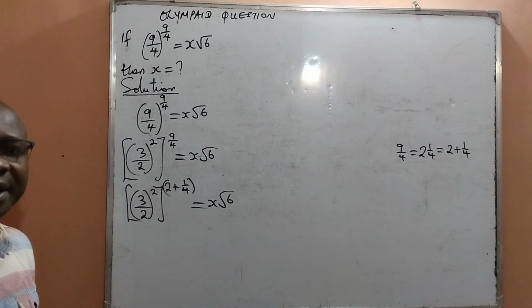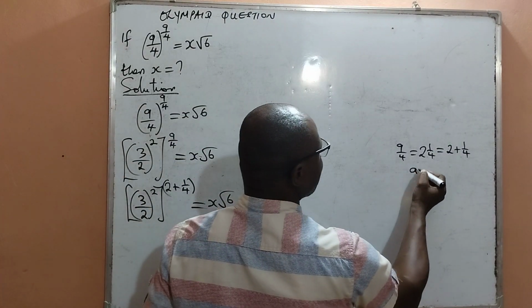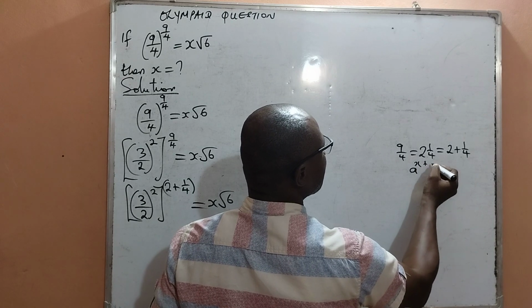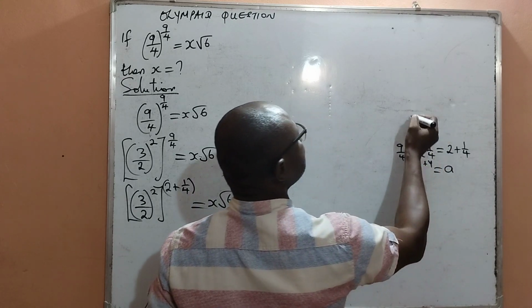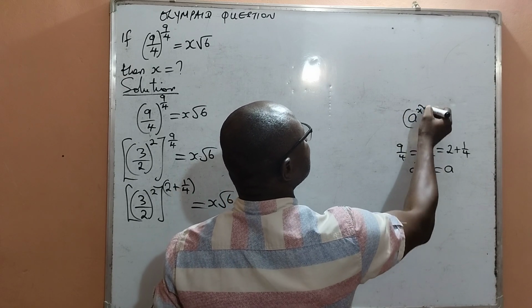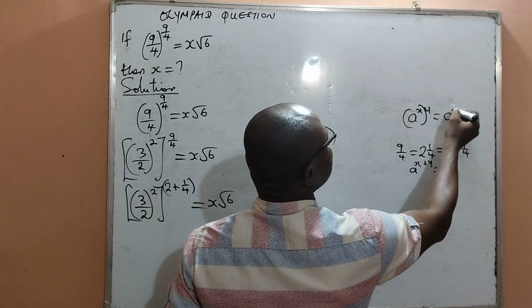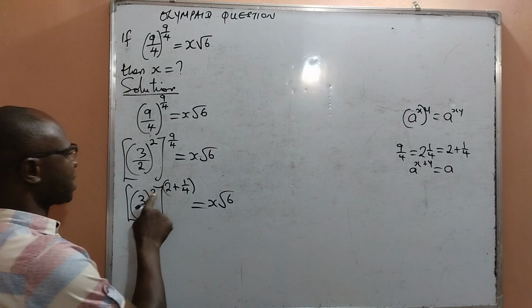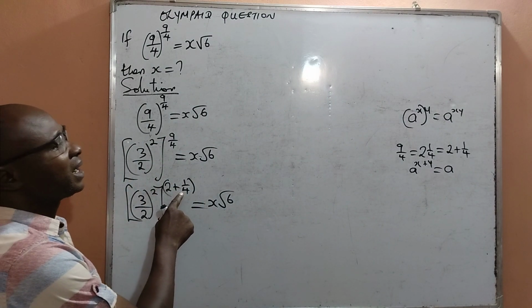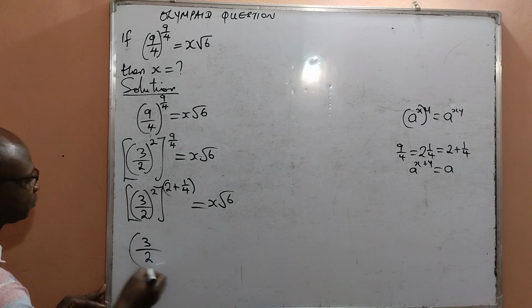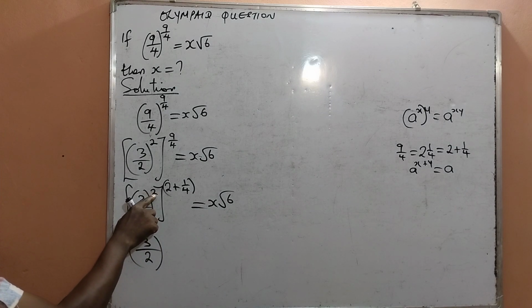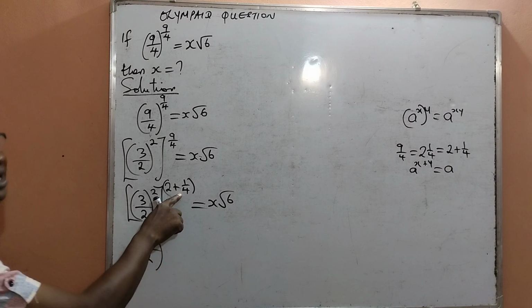Applying the exponential law: (a raised to the power x) all to the power of y is equal to a raised to the power xy. That is what I will apply here. Therefore, I will write (3/2) to the power of 2 multiplied into this bracket.